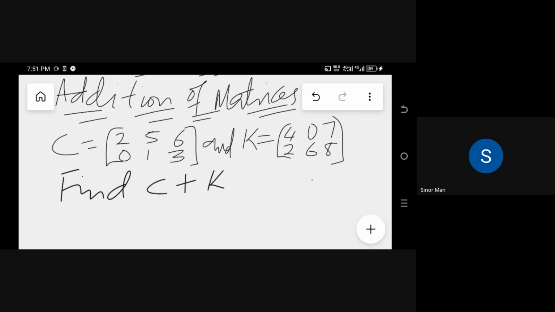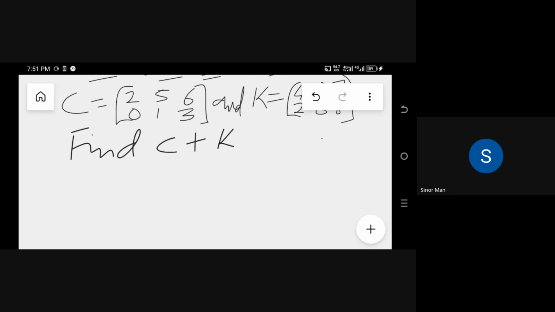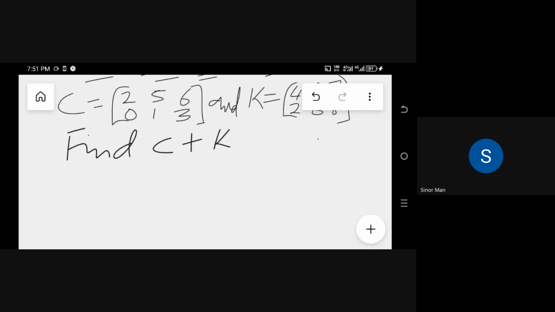But then, can you just add them just like that? No, you would have to add elements that are in the same positions. You add them together, and then when you're done with that, you have a new matrix.